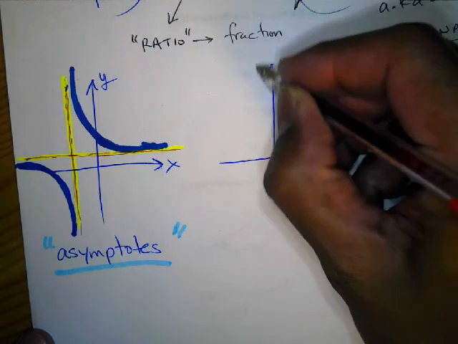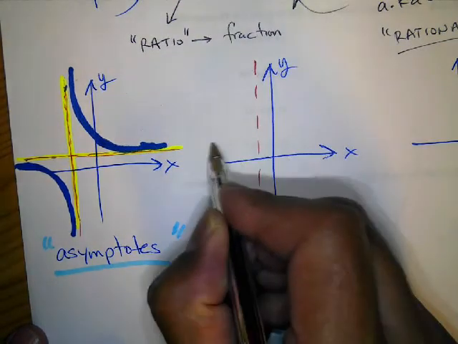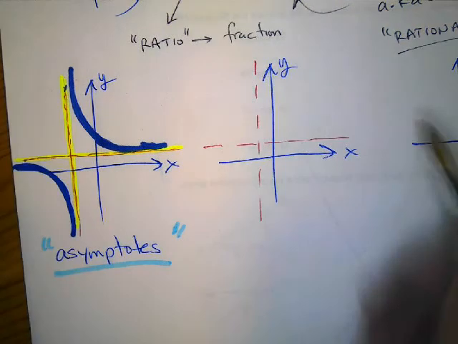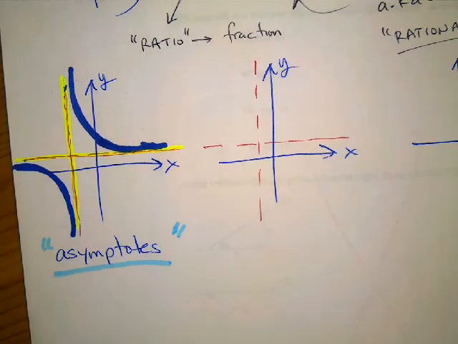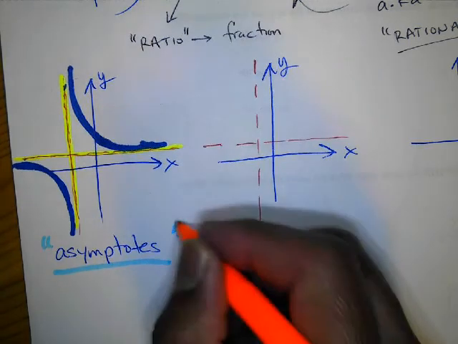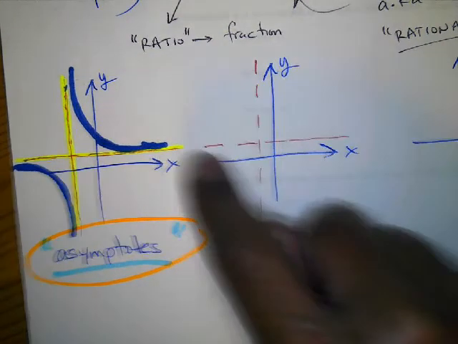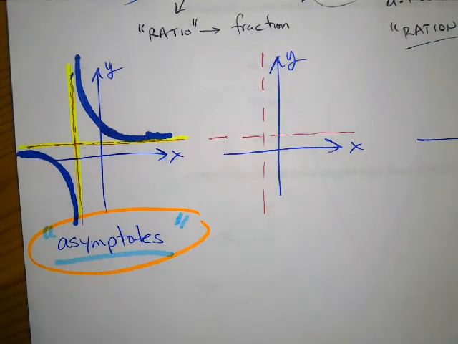Similarly, what if I have my asymptotes again? You'll have a vertical asymptote, and let's say you have a horizontal one like this. Wherever those asymptotes are, I have not explained how to get them yet; I will show you in the other videos how to get these boundary lines.